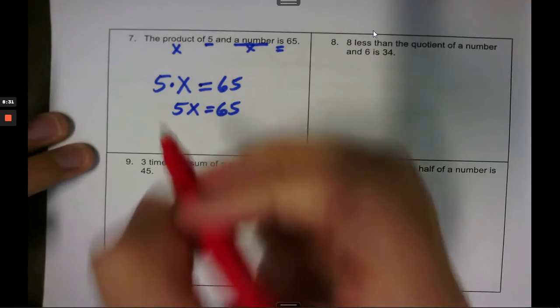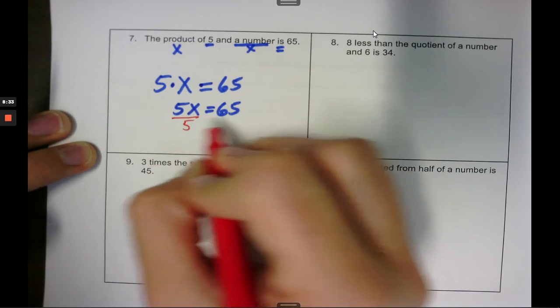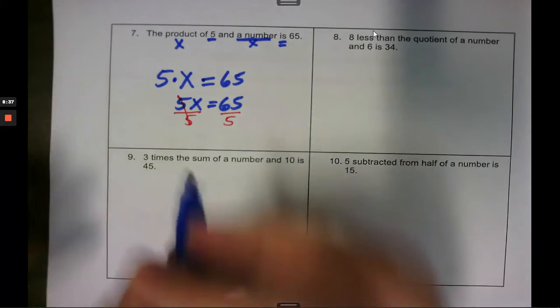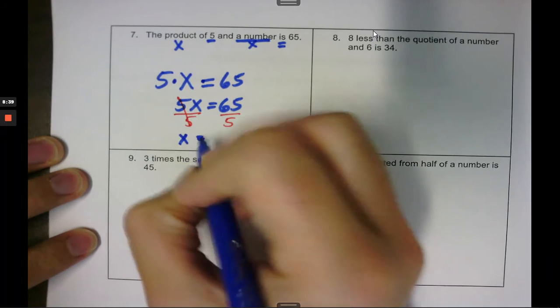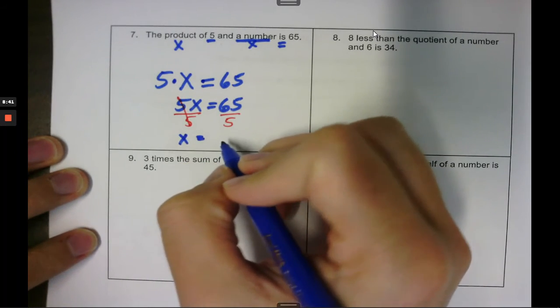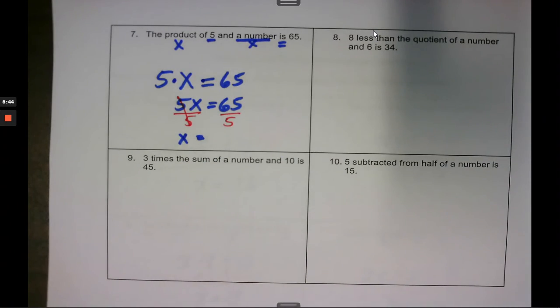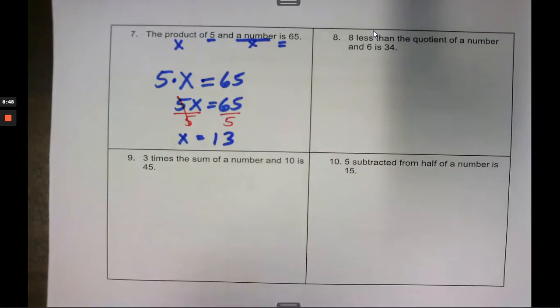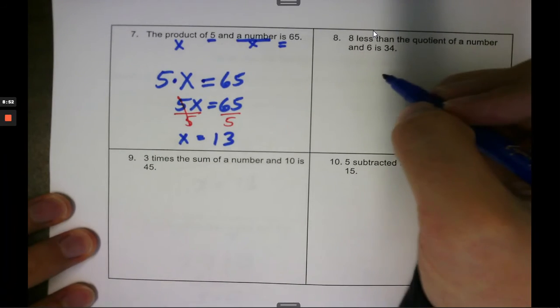And then to undo multiplication, we would divide by 5. And we get x equals, and then 65 divided by 5 is 13. So x equals 13.